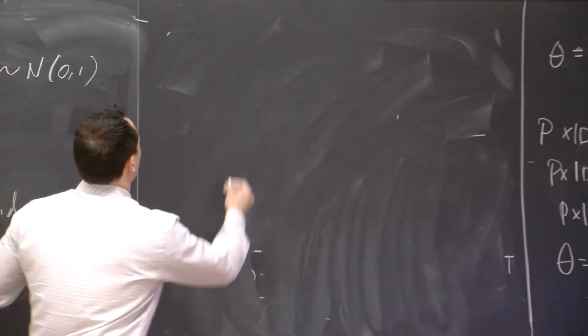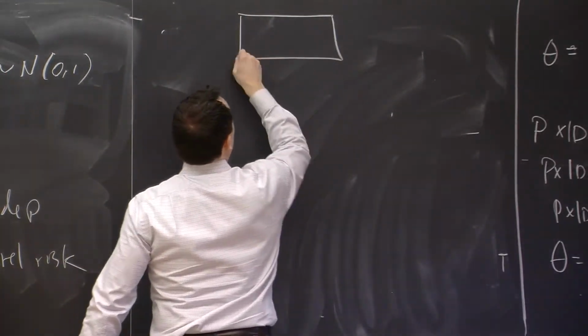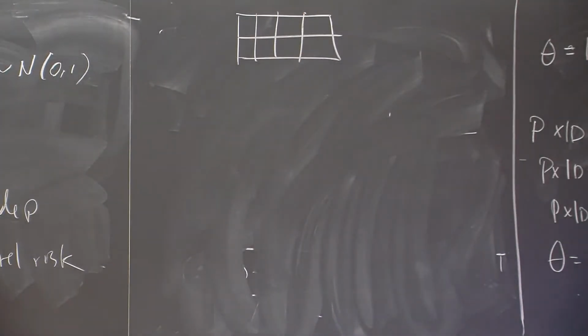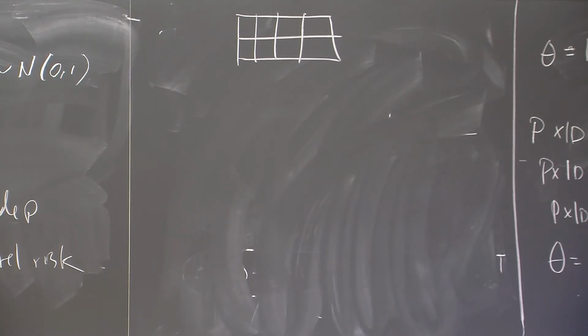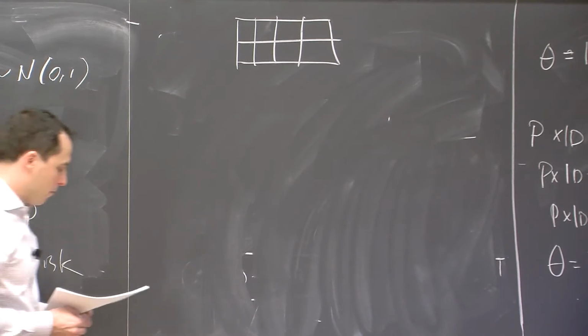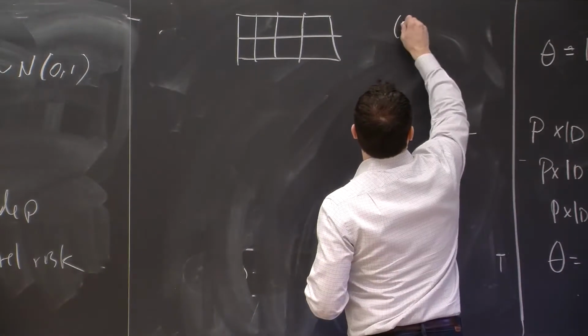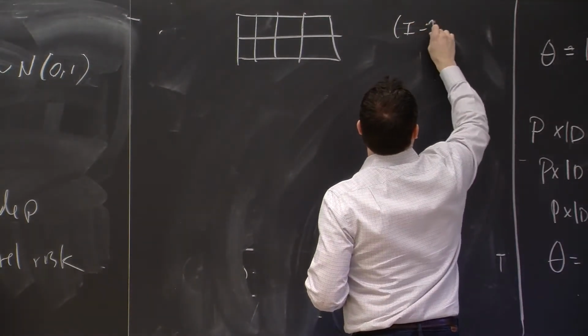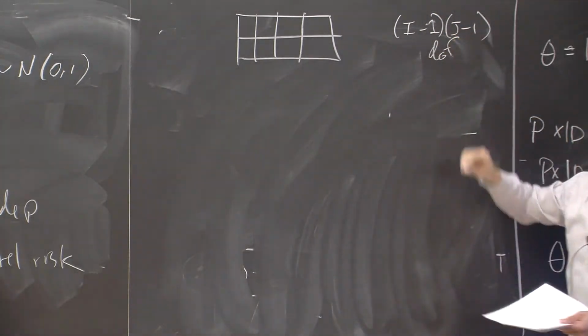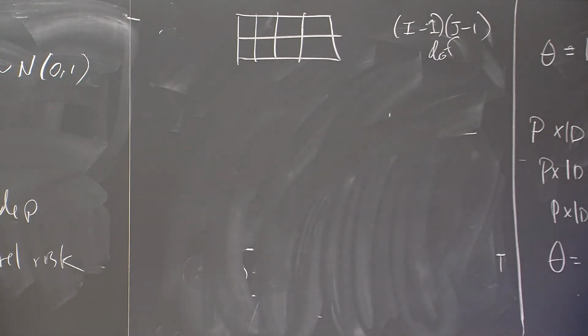Now we have some bigger table, let's say 2 by 4, and it can fail to be independent. We can perform a chi-squared test on it and get (I minus 1)(J minus 1) degrees of freedom, which is 4 minus 1 times 2 minus 1, 3. So we get 3 degrees of freedom.